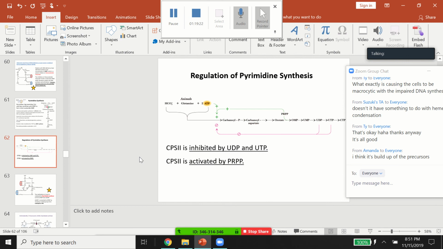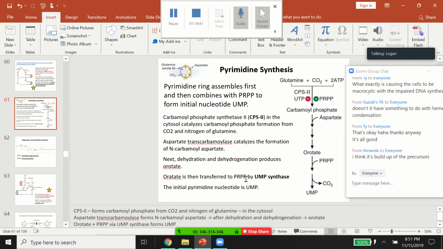Now, I included the slide, but I don't remember there being really anything asked about it. It's just to give you an idea of what regulation happens with pyrimidine synthesis instead of purine synthesis. Because we already mentioned that CPS2 is the main regulation point for that process. PRPP is already part of this process, so if you notice right here, it's kind of like a cofactor for that whole process to occur.